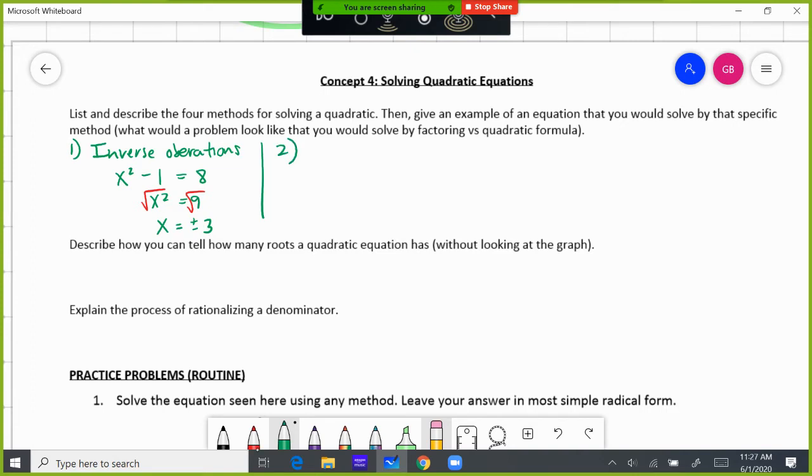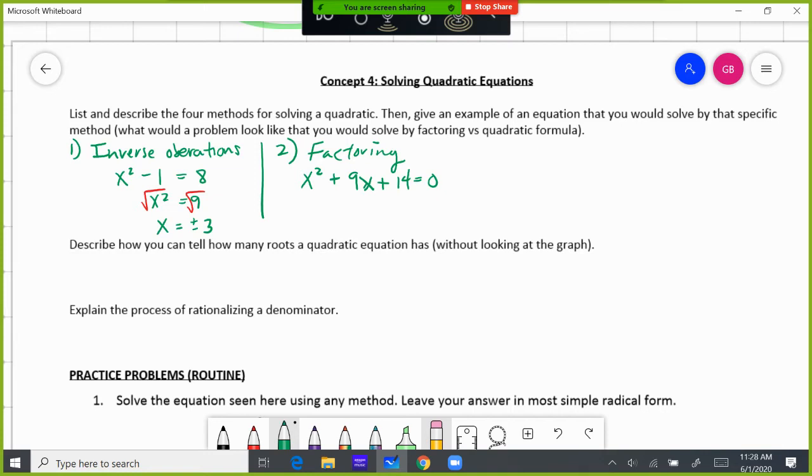Another way is by factoring. So let's say you have something that looks like this. x squared plus 9x plus 14 is equal to 0.